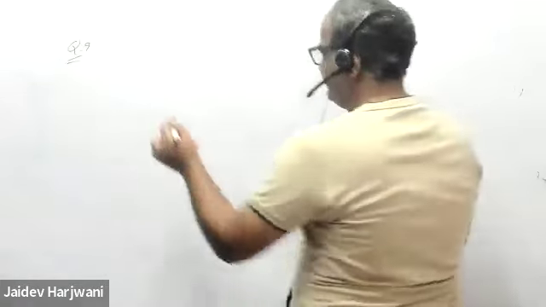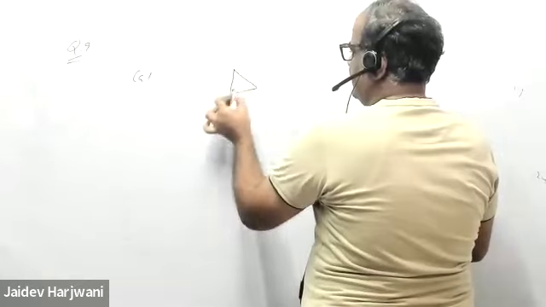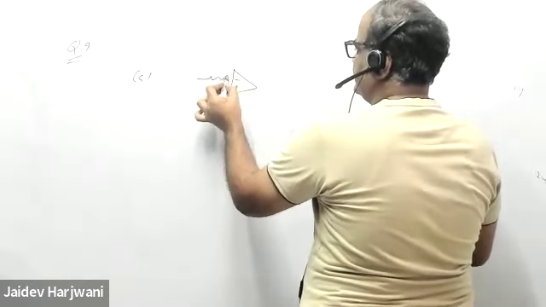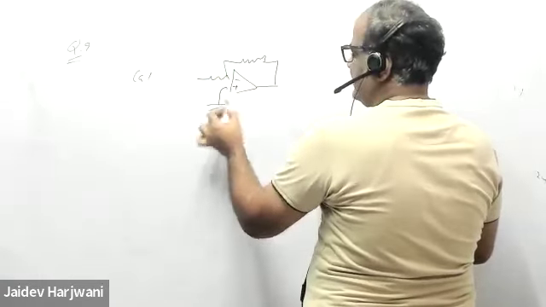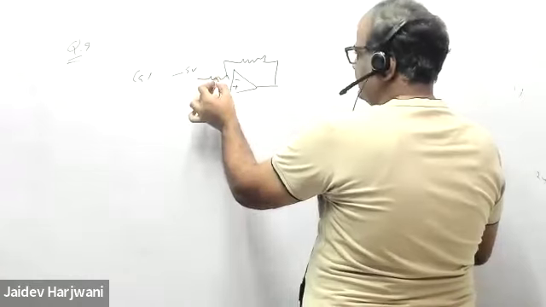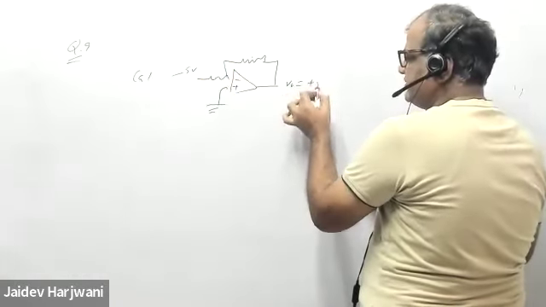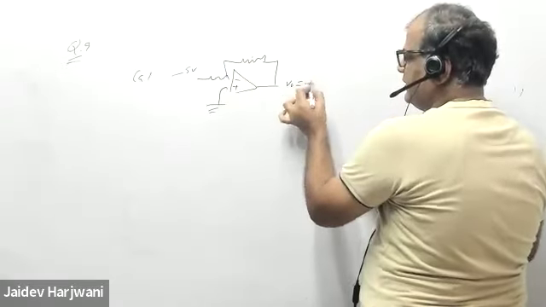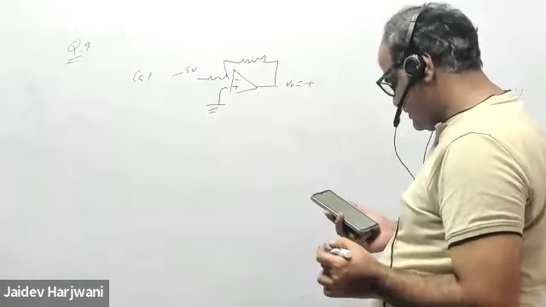Is it the inverting configuration? So A will be correct. What is A? This is minus plus. You have some resistance here, and if I apply some negative voltage here, say -5, with some ratio, obviously you will get V naught equal to some positive value. So here negative feedback is working.